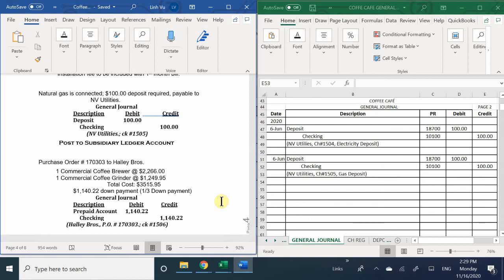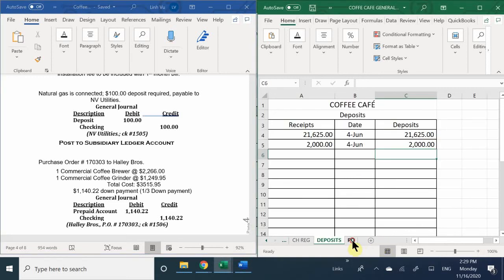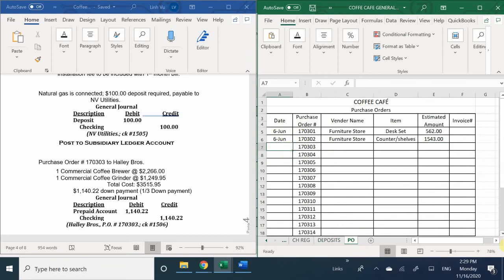Now, what's the first thing that we should do before journalizing this transaction? We have to register the PO. Yes. Log it. We need to place it in the purchase orders first, just so we have an idea that we are expected to have this come in soon. Okay, so June 6th, the person that we're getting from is Haley Bros.